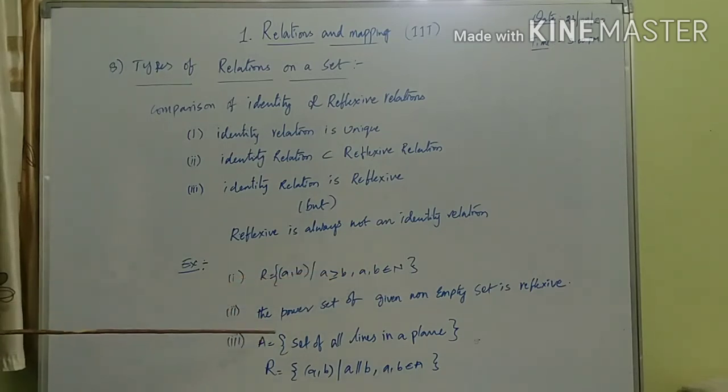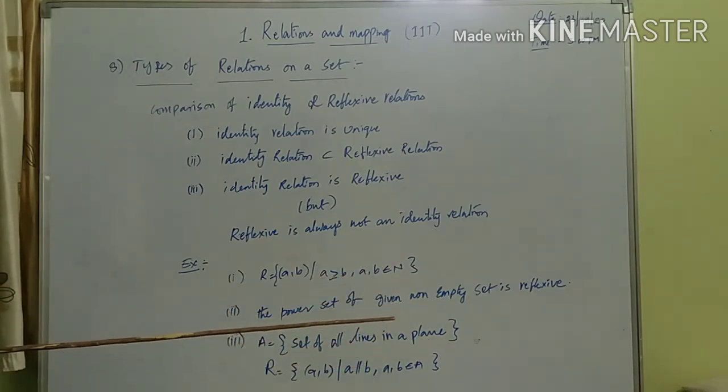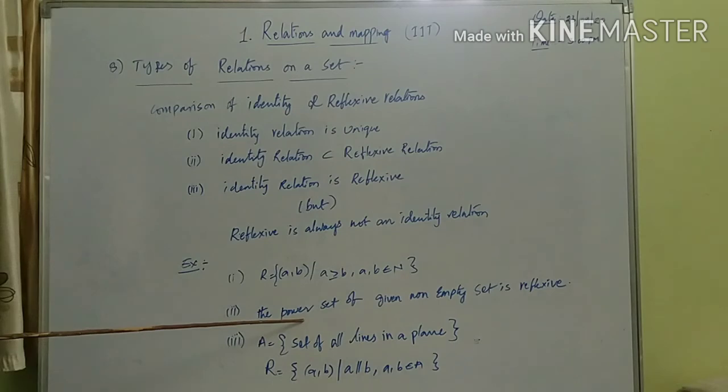Next one, the power set. Power set means the set of all subsets of a given set. The power set of a given non-empty set is reflexive. So A cross A is always a reflexive set.